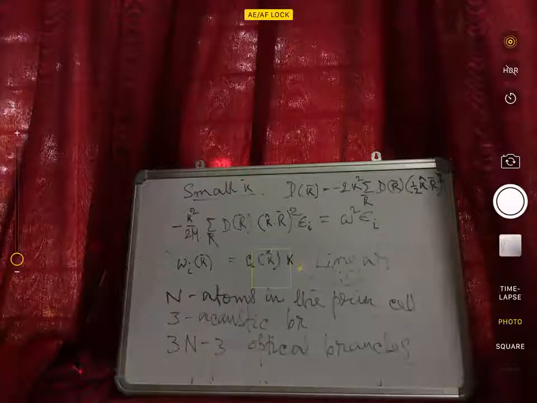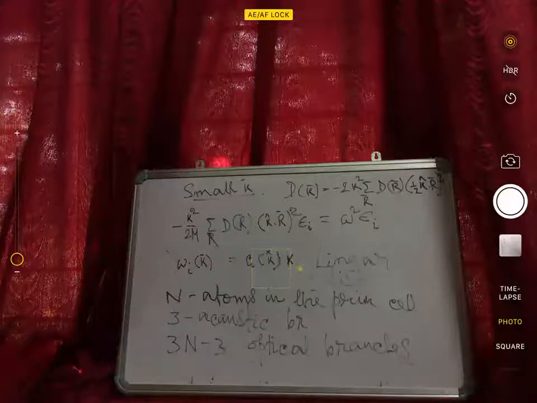Let me also comment that these are the normal modes of vibration of all the atoms in the crystal that you have. So this whole analysis is assuming that they are at some equilibrium of energy. As you move the atoms, there's a restoring force, and within the harmonic approximation, we have done all this analysis.